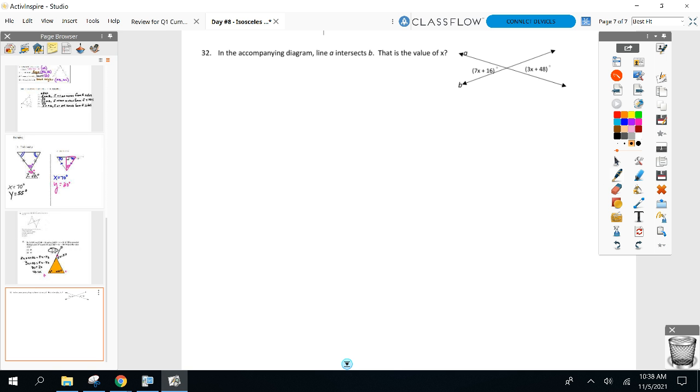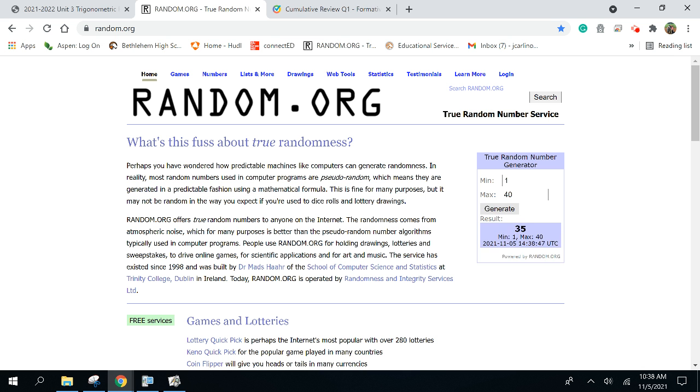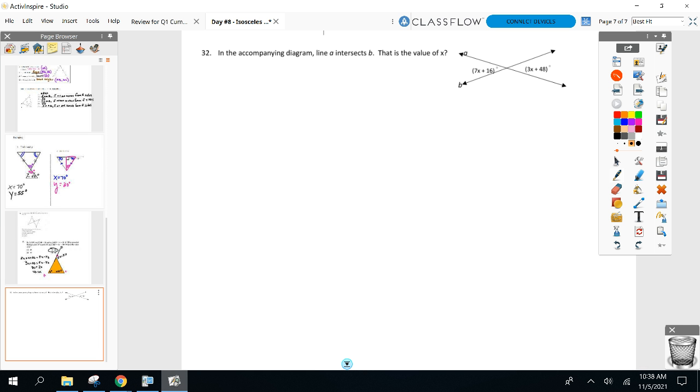All right, what am I dealing with here? Just tell me the whole story here. What am I dealing with? I already heard from Callum. We're going to want to hear from somebody else. What are we dealing with here? Those two are vertical. Yep, go ahead. Keep talking. So you get 7x plus 16 equals 3x plus 140. There you go. Done.